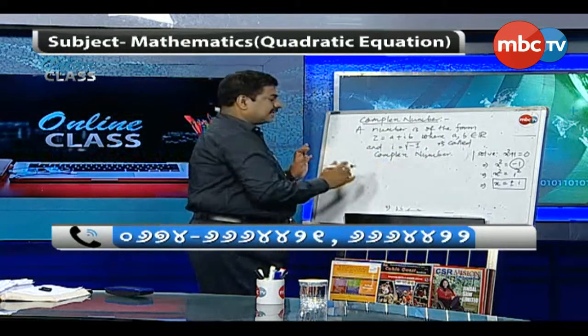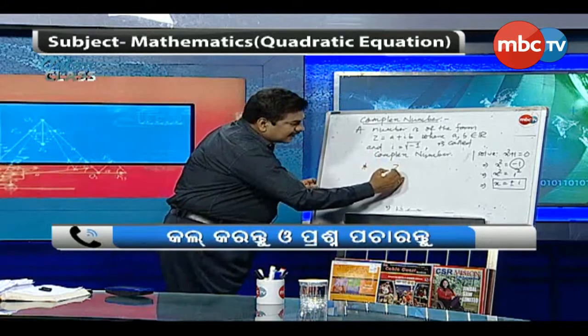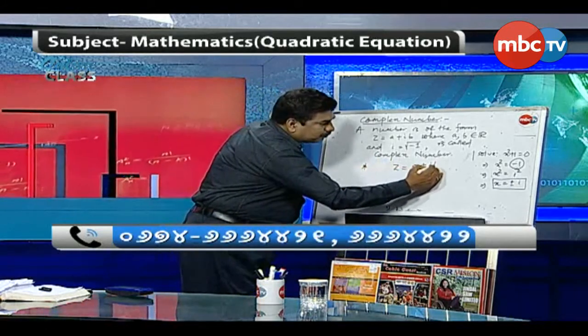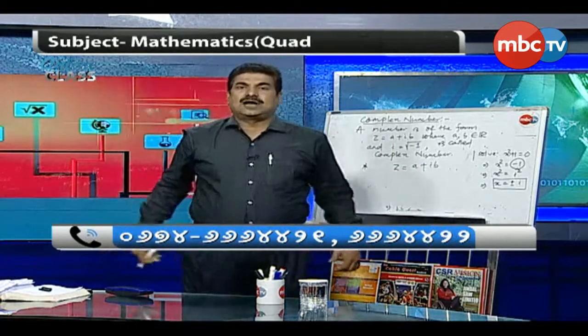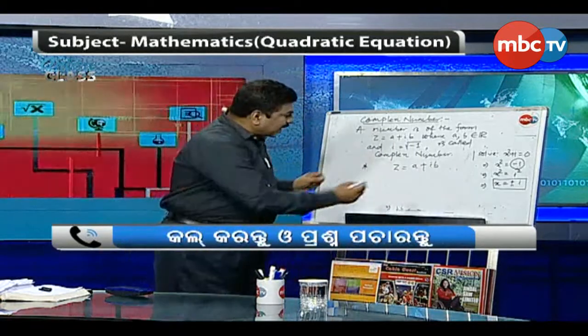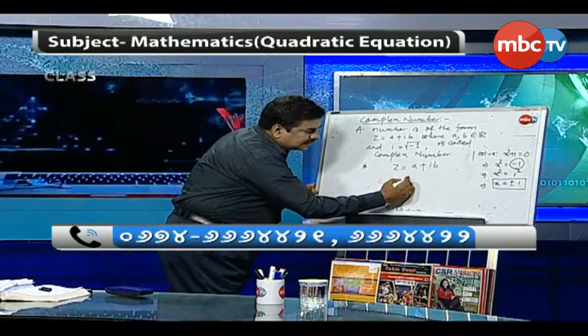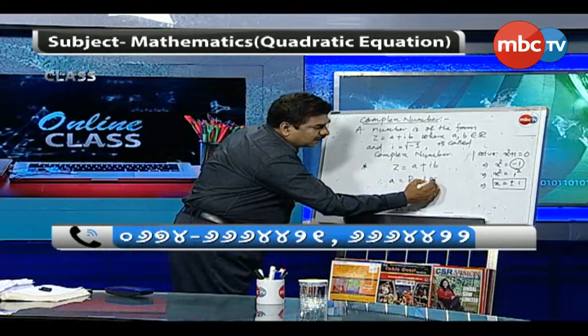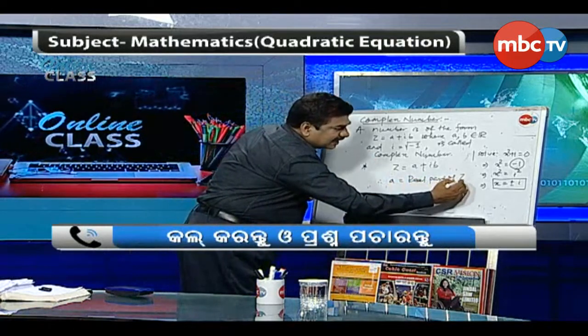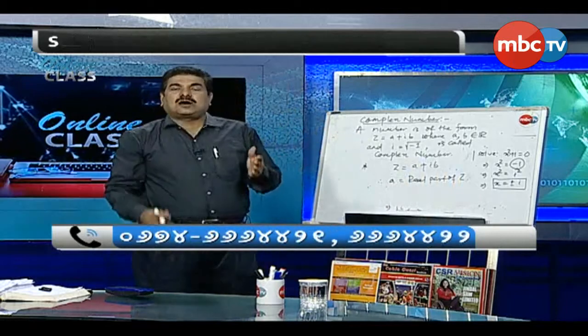Here you see z equal to a plus ib. That means here a is known as the real part of z, where z is denoted as a complex number.